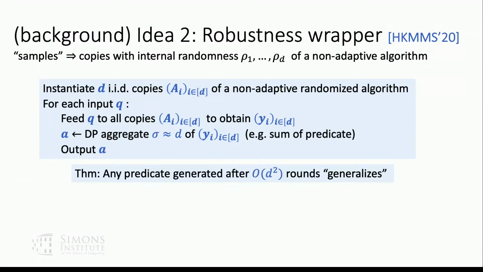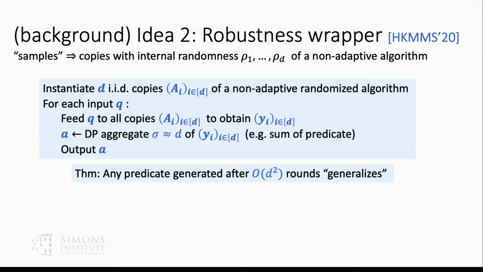Now each instance of the randomized algorithm is treated like a sample. These are basically the internal randomness of the non-adaptive algorithm or the sketch. And we just apply the same mechanism there. Instead of D samples, we instantiate D copies of that non-adaptive randomized algorithm.